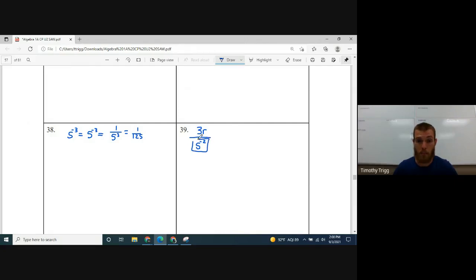So this one's going to come up to the top and then become a positive power. So essentially a negative power needs to move where it's at. If it's on top, it'll come to the bottom, then become positive. But if it's a negative power in the denominator, then it needs to move up and become positive. So we can rewrite this now as 3 times r times s to the power of positive 2. Now, once it moves where it's at, it changes to a positive power.